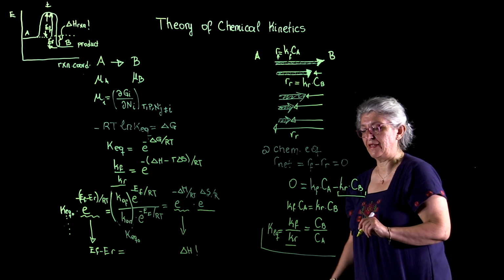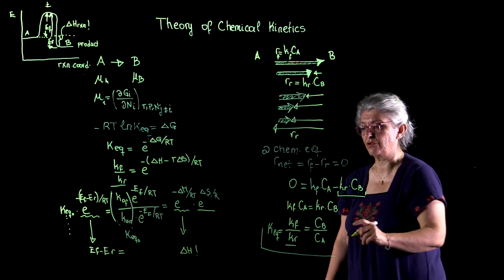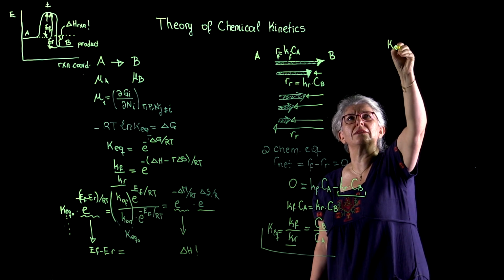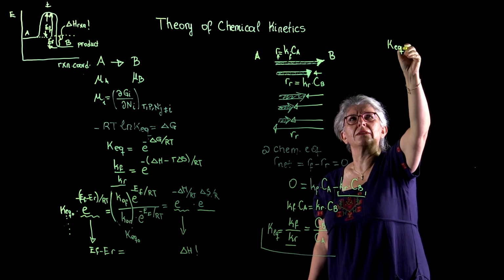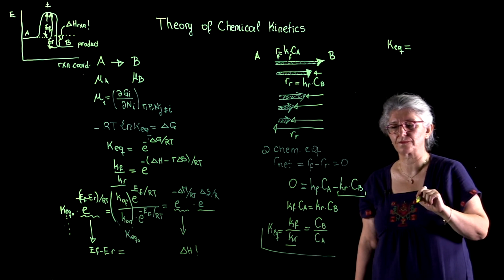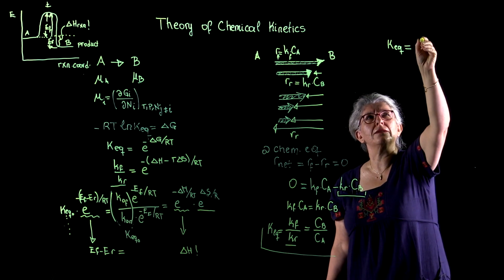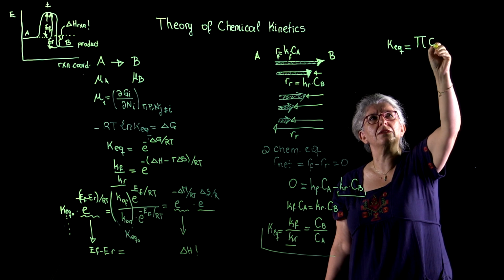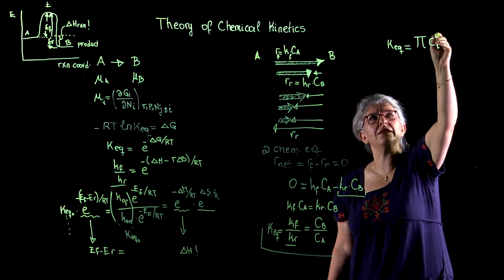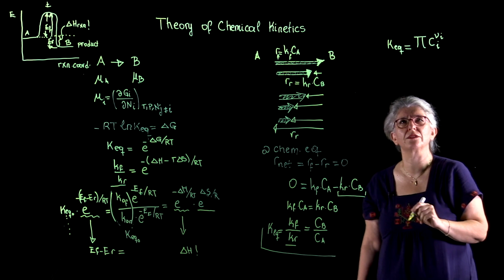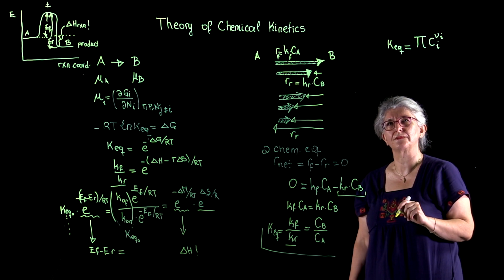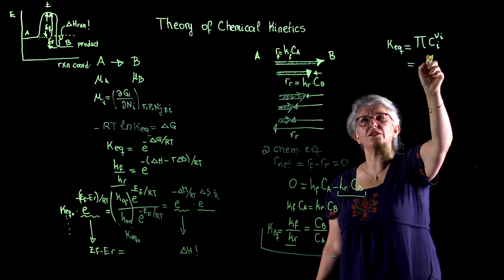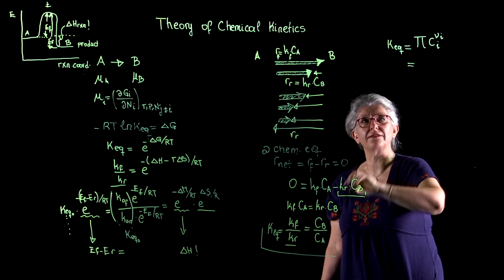So we can arrive at a generalizing conclusion from here that the equilibrium constant is equal to the multiplication of the concentrations of the species i raised to the power of their stoichiometric coefficient. So let's use this general expression to derive this.